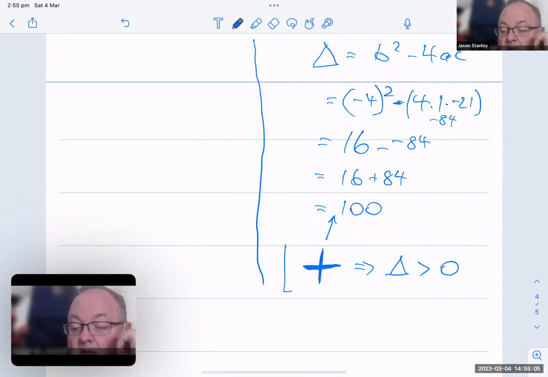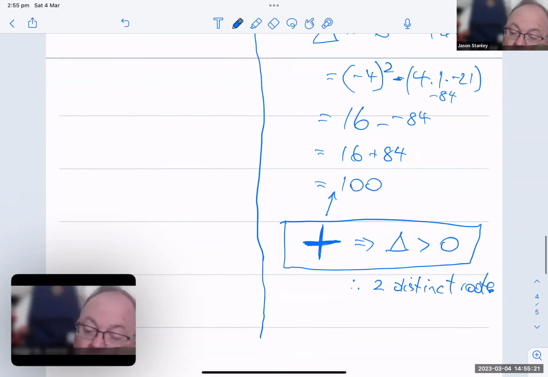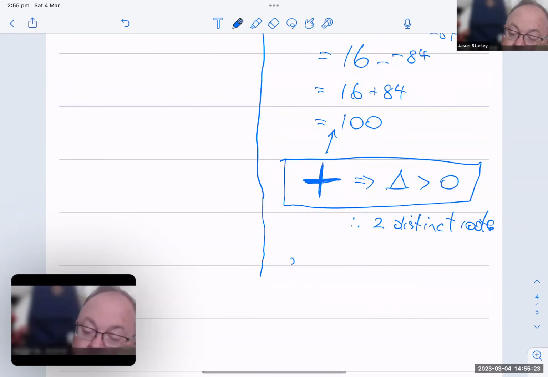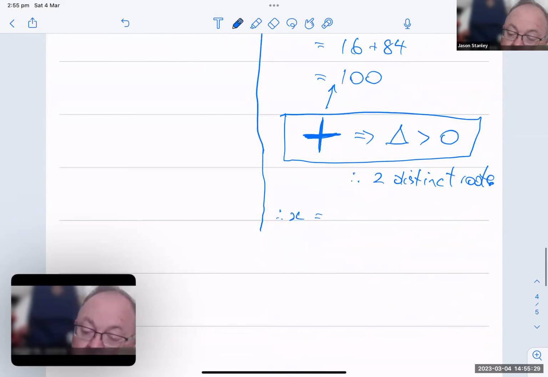See that? Encapsulated as a thought. Okay, delta is positive, which means two distinct roots. Now, if our maths is right, when we go on and do the completing of the square, it'll agree with that. So therefore, x is equal to minus b. Oh, we've got to be careful now.